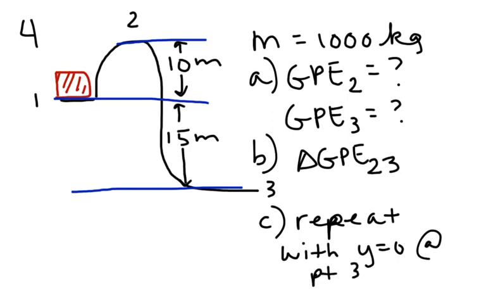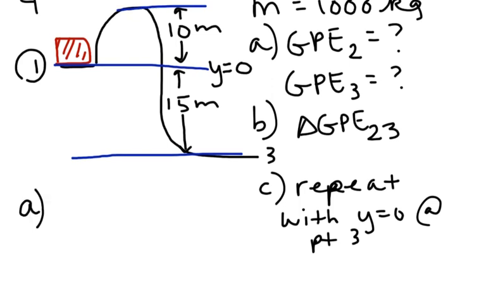So let's go back to parts A and B. We're going to be making the position of 1 our reference point for parts A and B. So my y is going to equal 0 at that position. Okay, so for part A, my gravitational potential energy at point 2 is mgy at point 2.